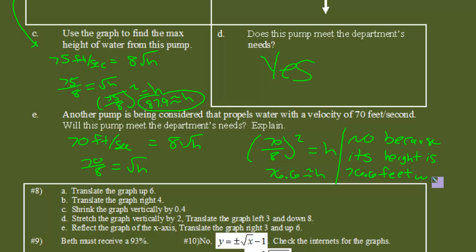I feel like an idiot writing this. It's just such an obvious sentence. Which is less than 80 feet. This pump can propel the water 76.6 feet high, but they need 80, so of course it does not meet their needs.